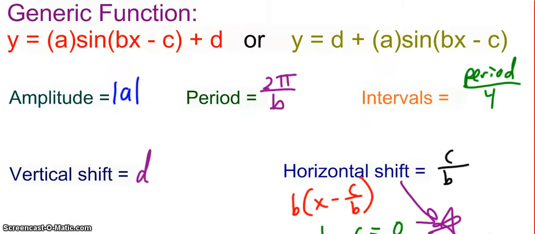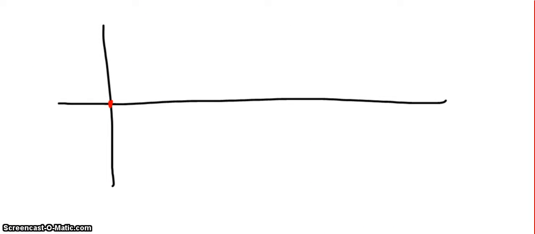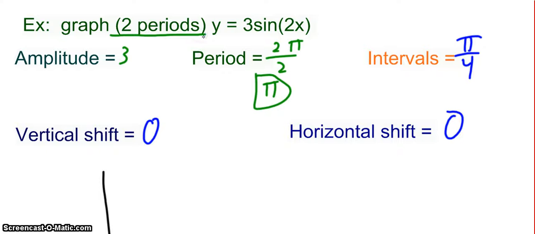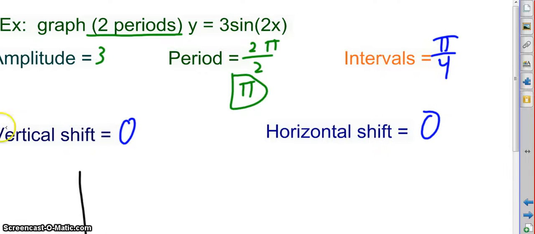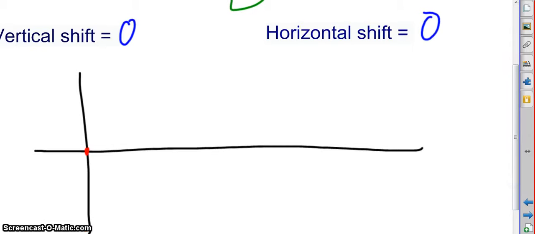Okay, so let's look at this. We are trying to graph 2 periods. So I'm going to make 9 tick marks, including this.